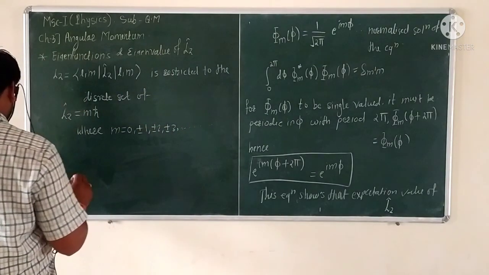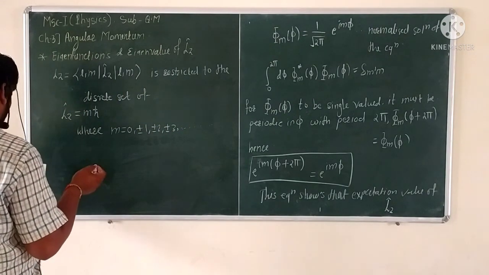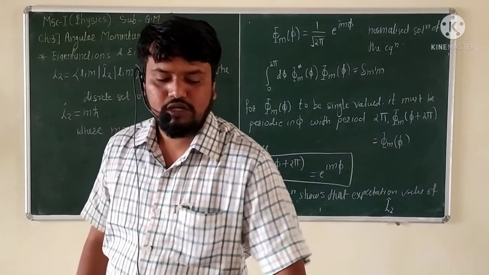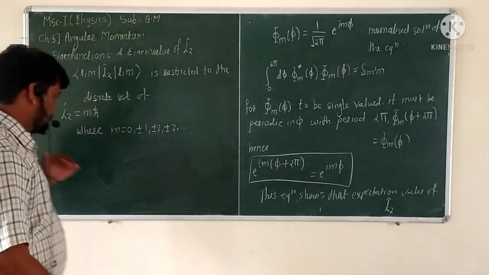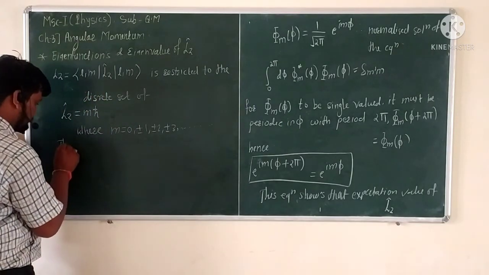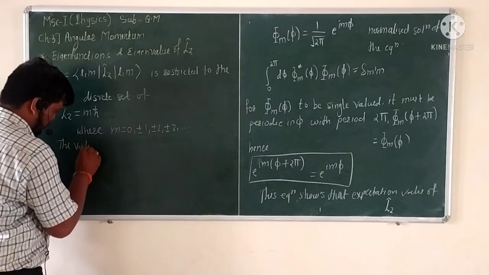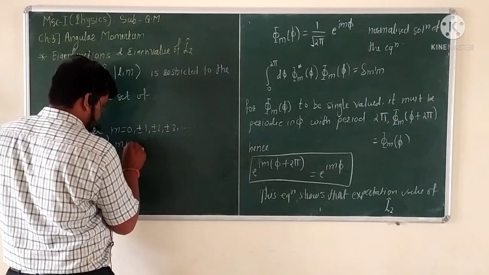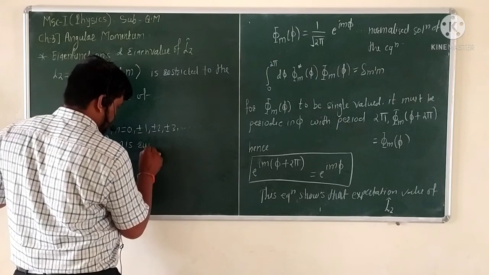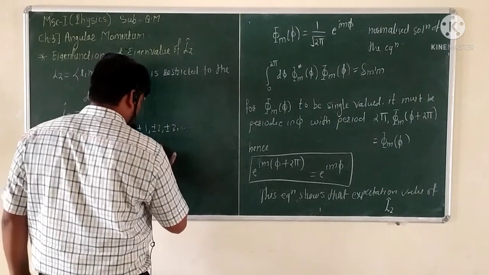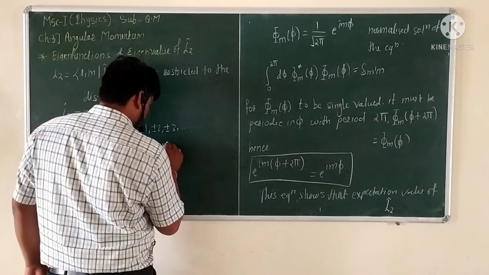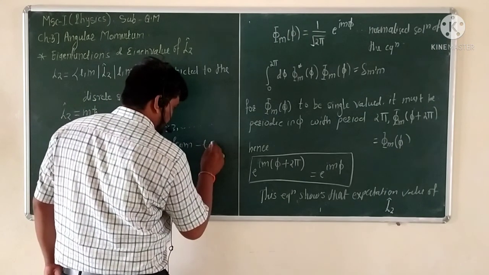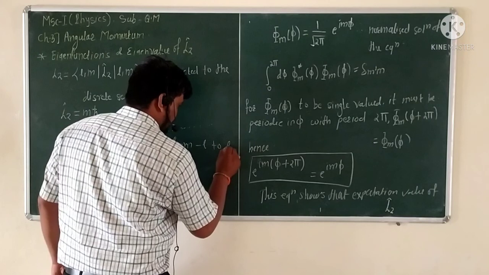So the value of m is running from minus L to plus L.